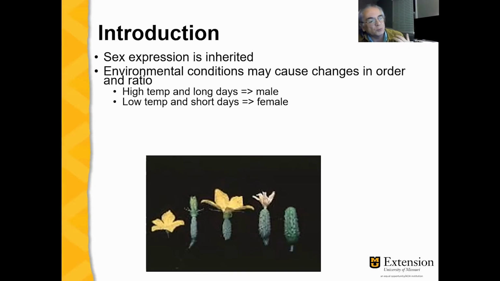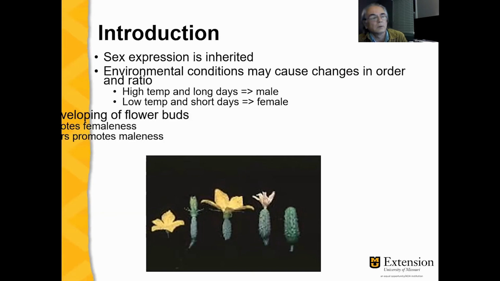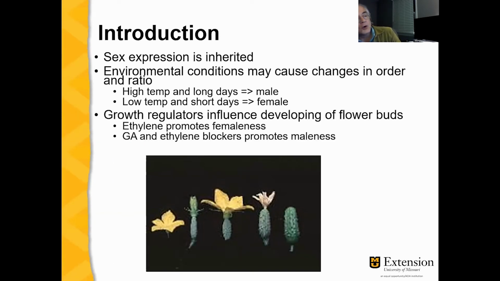And if you want your plant to produce fruit, you want to make sure that it produces more female than male flowers. Nonetheless, you need the male for pollination. Growth regulators in the plant itself, in the flower bud, are also factors that affect the femaleness or maleness of the flower.